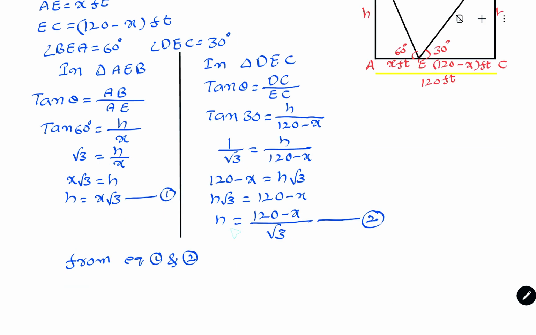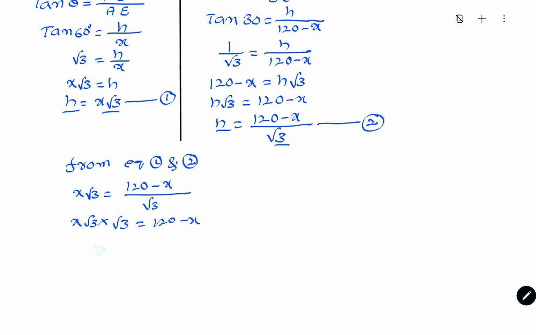From equation 1 and 2, LHS sides are equal. So RHS also equal. So we can write x root 3 is equal to 120 minus x by root 3. Now transpose root 3 from RHS to LHS. Then it will multiply LHS. X root 3 into root 3 is equal to 120 minus x. Then root 3 into root 3, 3. 3 into x, 3x.